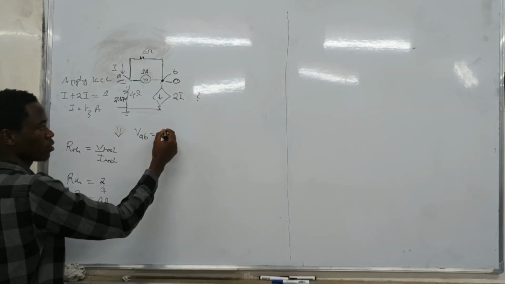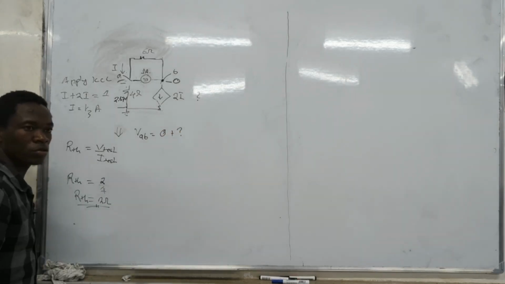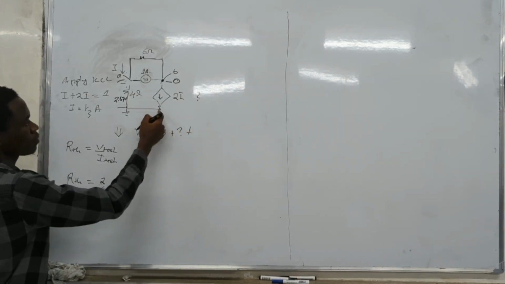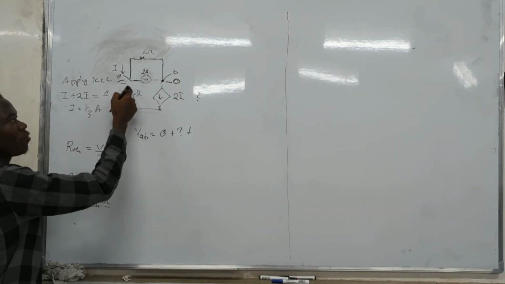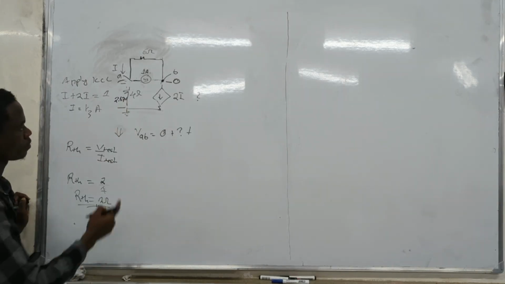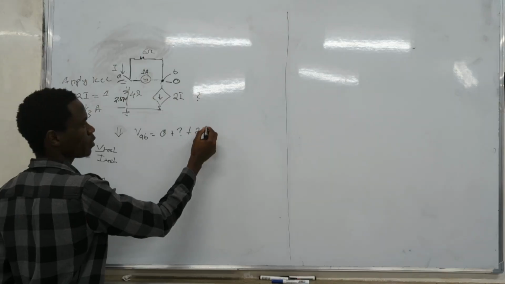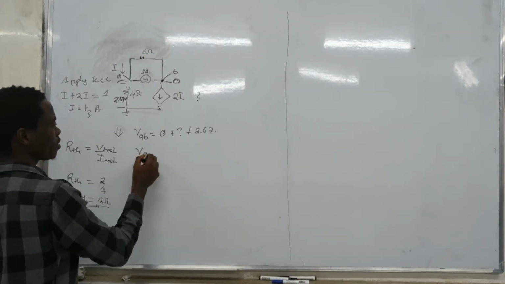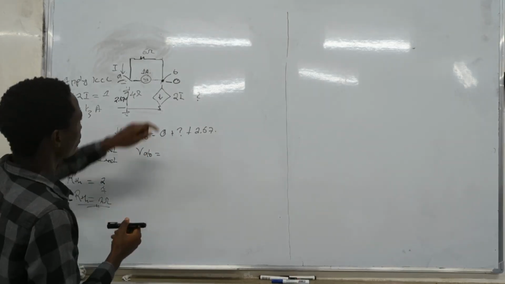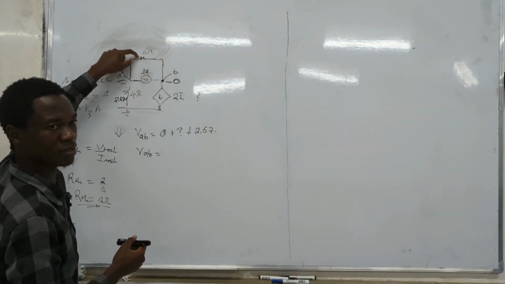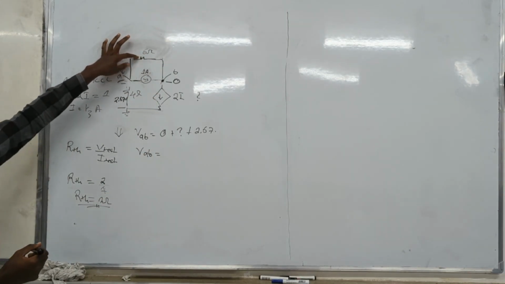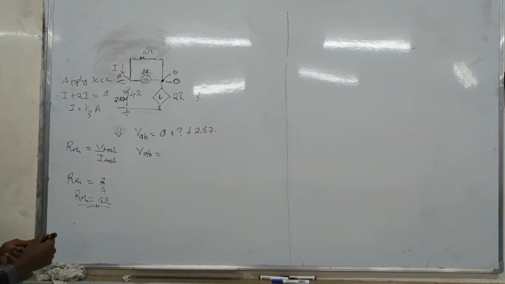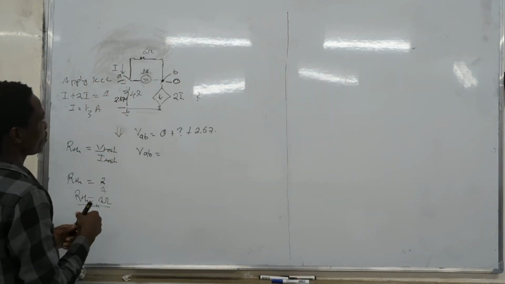You find the source, so 0 volts plus a source which you don't know, plus you reach this point. When you move across the resistor, you get 2.67. What's VAB? You don't know. Or you can do it the other way. 0, when you move across the resistor, what's the voltage across that resistor?